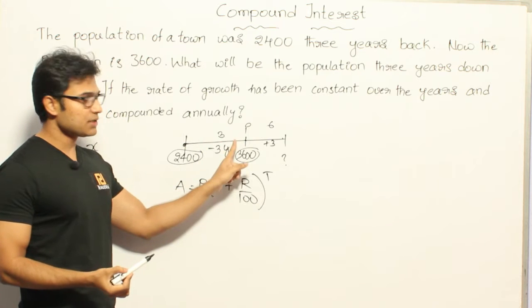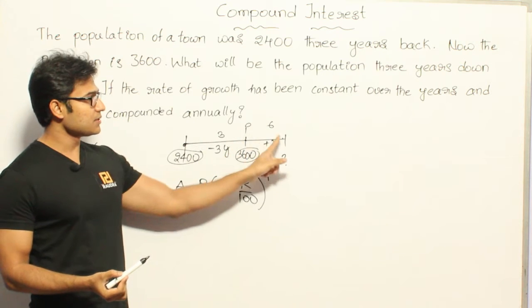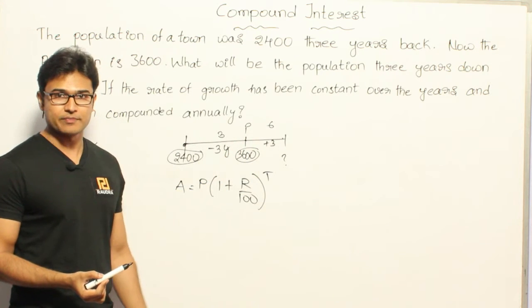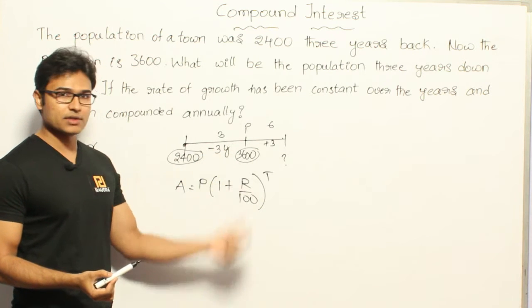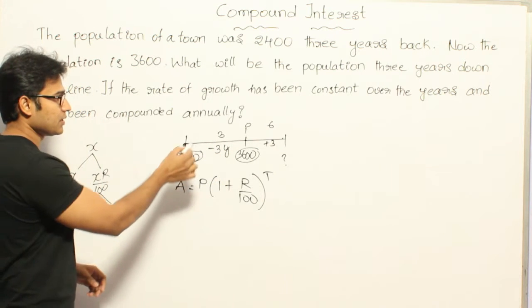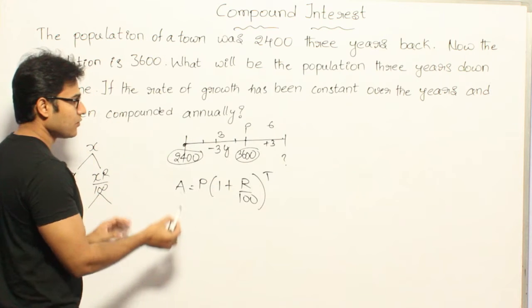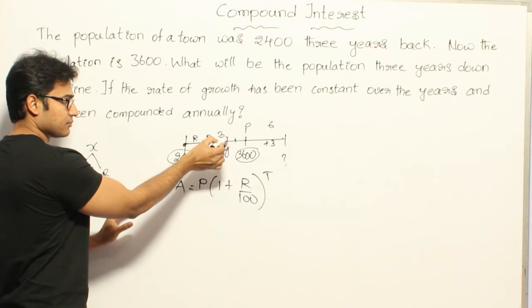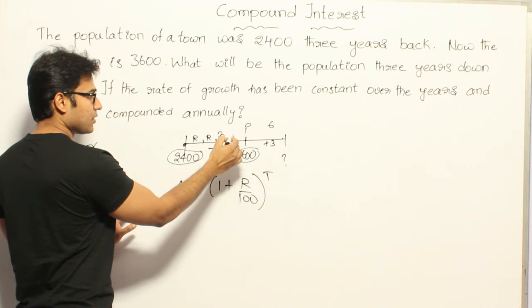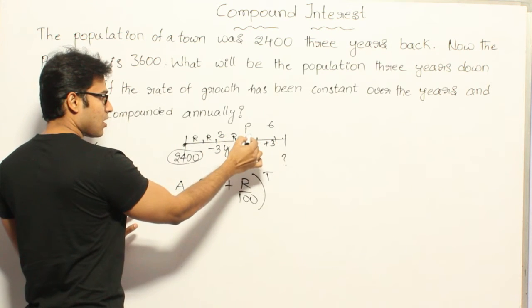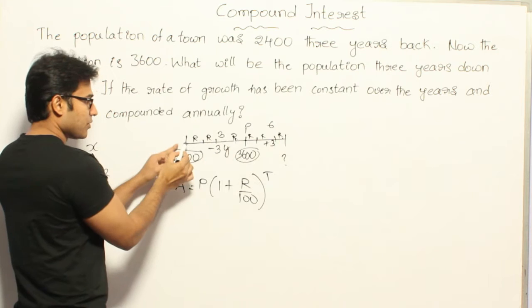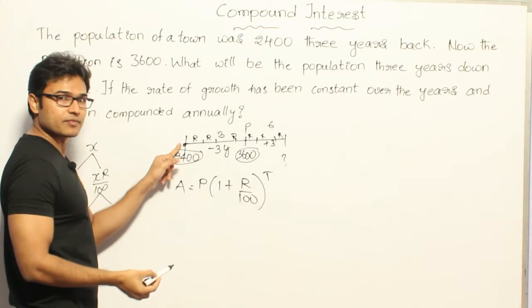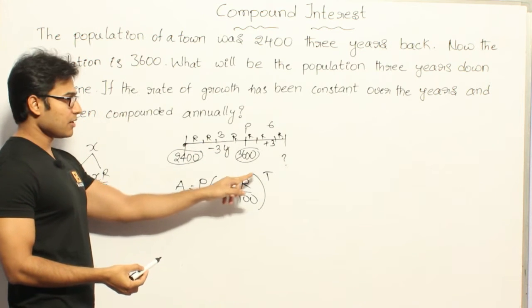Therefore, for the first 3 years, whatever is the rate, for the next 3 years also you can assume that the rate is the same. So every year the rate is the same. If you assume that the rate per year is r, there are 3 years in this and 3 years in this, therefore r and r, right? So from here to here there are 3 parts, each of rate r, and the number of parts is 3.